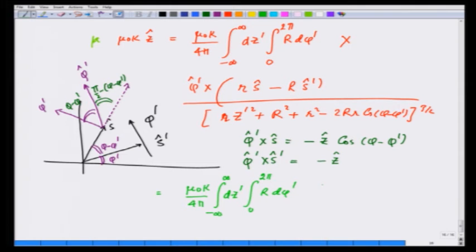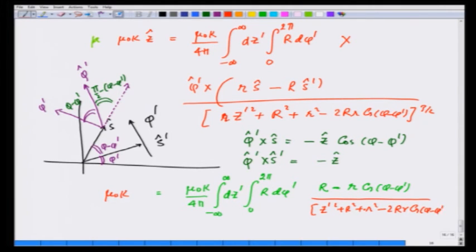Inside I get r minus R cosine of phi minus phi prime in the z direction. So, I can now remove the z unit vector and write mu naught k on the left hand side, divided by z prime square plus r square minus 2 r R cosine of phi minus phi prime raised to 3 by 2. The rest of the things are simple.